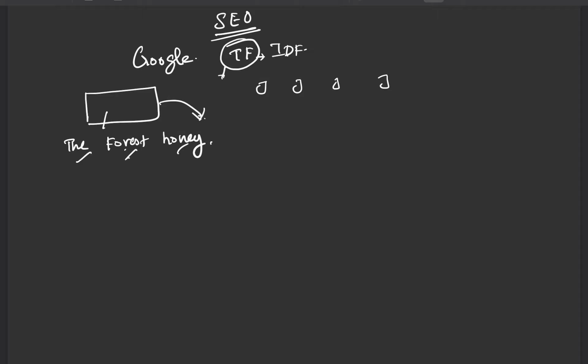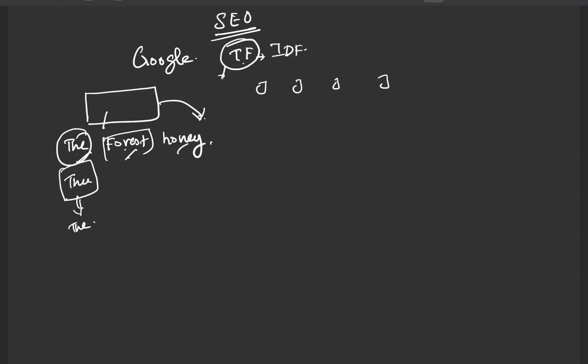It would return very irrelevant documents just having this word the, because the is more common and all the documents may have more of this term the rather than forest honey. So it would be returning some irrelevant document, maybe about a movie review. It may return some document about a story, maybe a fairy tale story, any kind of document it can return.